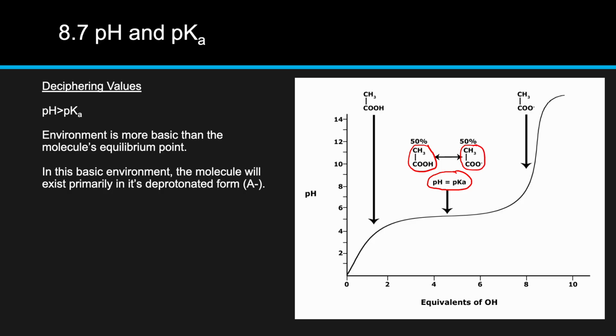So if this is when pH is equal to pKa, we know if we are increasing pH, we are moving to this section of the titration curve where we now have a higher concentration of acetate than we did acetic acid. So when pH is greater than pKa, we now have more of our deprotonated state, or the conjugate base, and that is something that you should be able to identify in Unit 8.